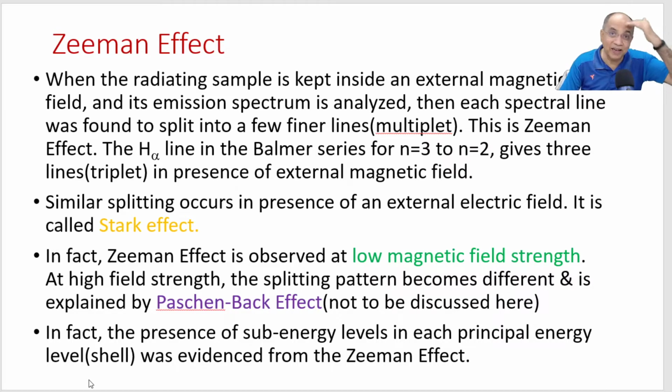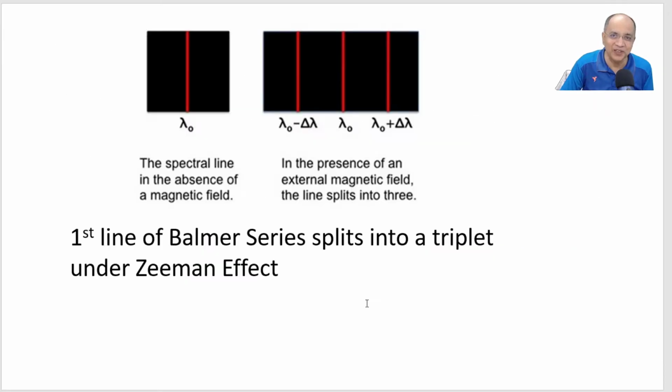And then the idea of elliptical orbits came to the mind of Sommerfeld, who modified Bohr's theory, and we did discuss that in our previous video. But that has been obsolete when the quantum mechanics came into being. Sommerfeld theory is not in practice, in vogue, right? Now, the presence of sub-energy levels, in fact, that was evidenced from the Zeeman effect, right?